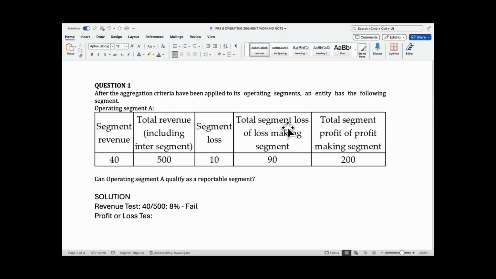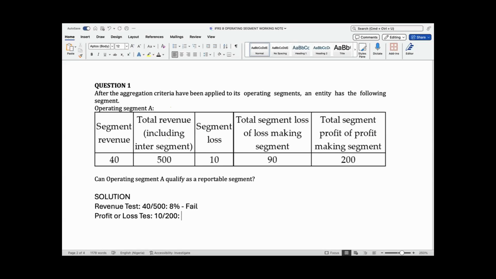So first, you will get the total segment loss is 90. The total segment profit is 200. You pick the higher first. The higher between these two is 200. Then you do the segment loss, 10, divided by the higher between loss and profit of total segment. The higher is 200. What is 10 over 200?